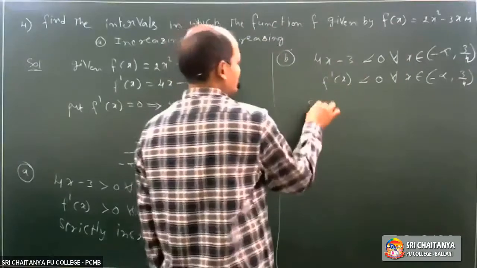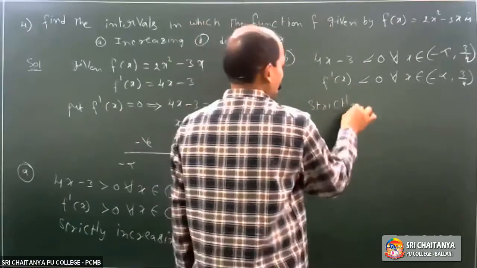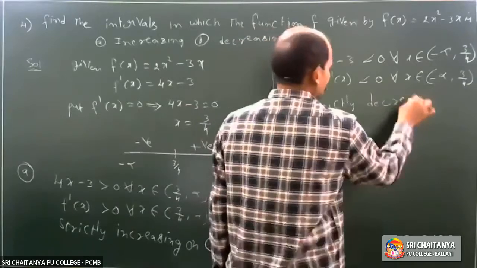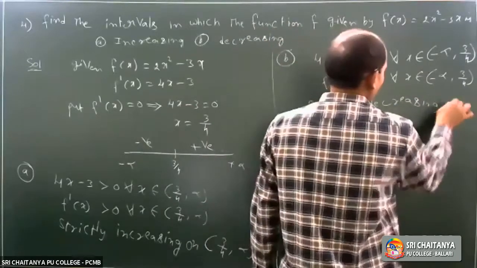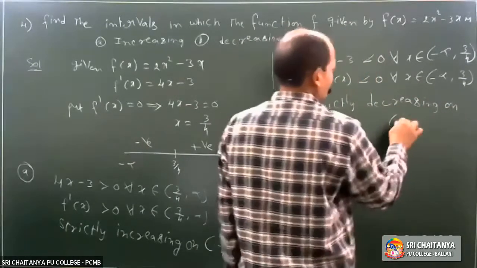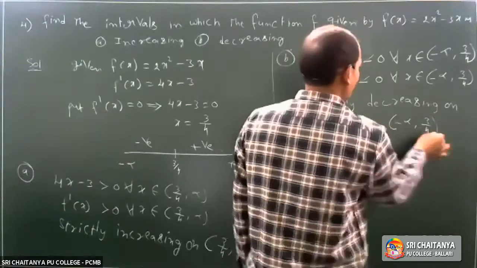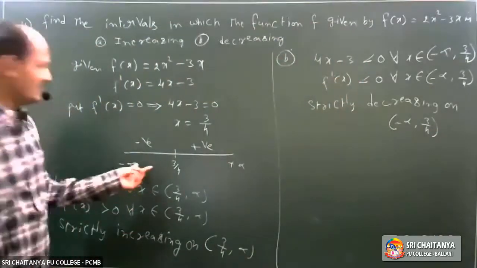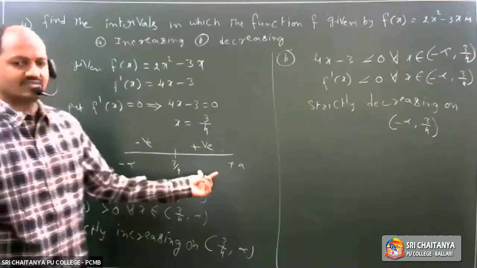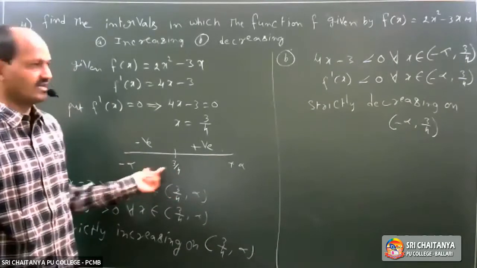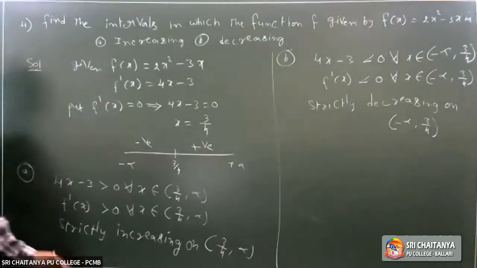That means it is strictly decreasing on minus infinity to 3 by 4. So in this interval it is decreasing, in this interval it is increasing. Strictly decreasing, strictly increasing. Copy this one.